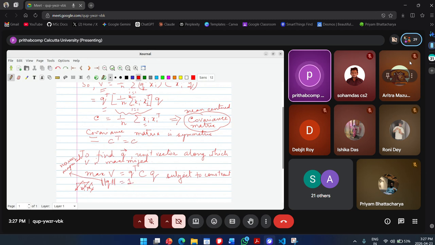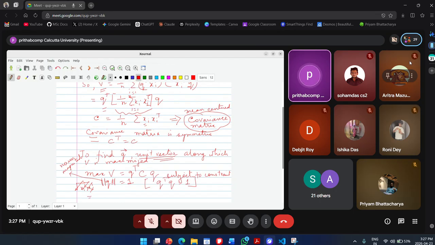Magnitude of this is equal to 1 because we are talking about a unit vector. Or you can think of it like Q transpose Q equal to 1.